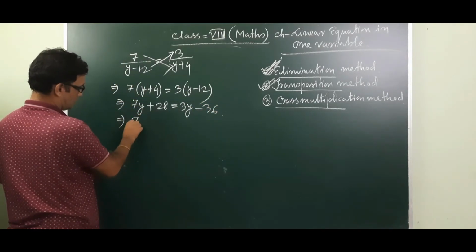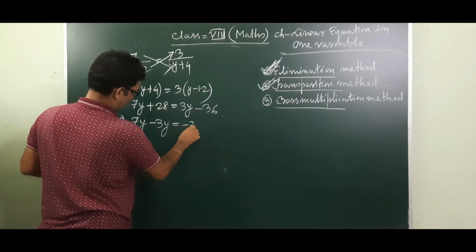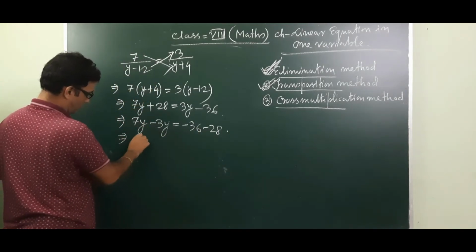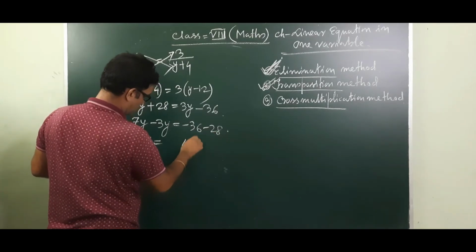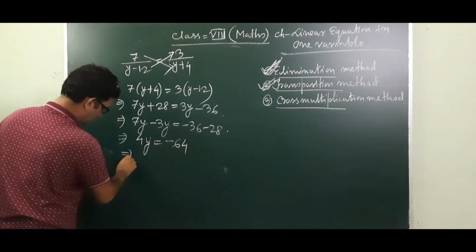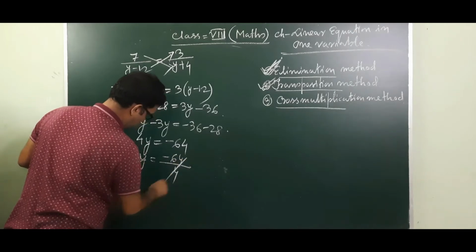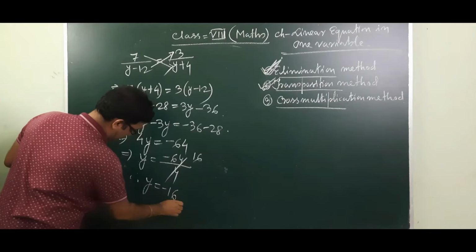Then 7y will bring this one, 3y equal to minus 36 minus 28. That means 4y equal to how much, minus 64. That means y equal to minus 64 by 4, minus 16. Therefore y equal to minus 16.